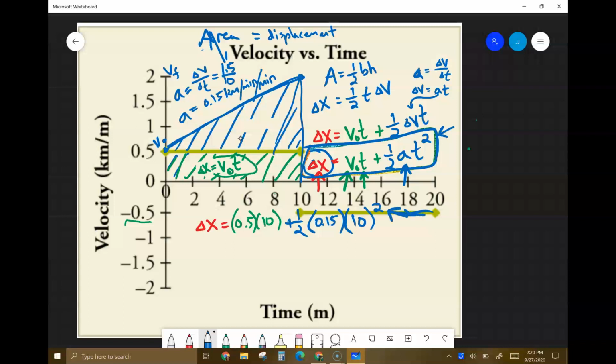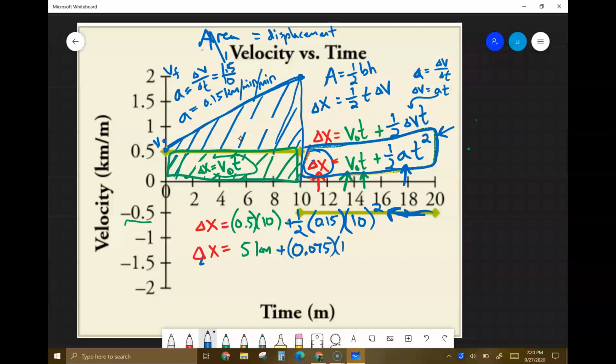Now don't forget the square. That's the most common thing that people forget, and I tend to forget it too. All right, let's crank this out. Delta x, 0.5 times 10 is 5 kilometers, which, lo and behold, is what we went in our first example when we were just staying constant. Plus, we go a little bit more because we're speeding up. 1/2 times 0.15 is 0.075. And then 10 squared.